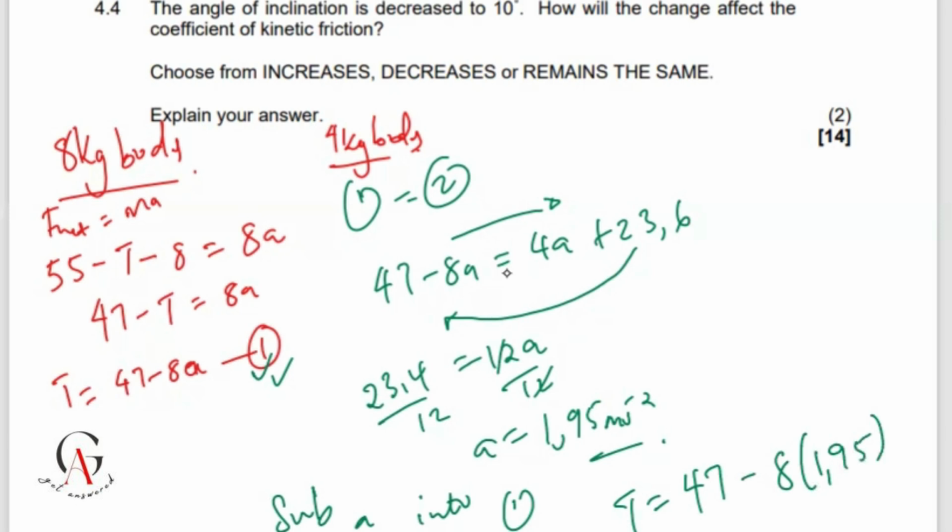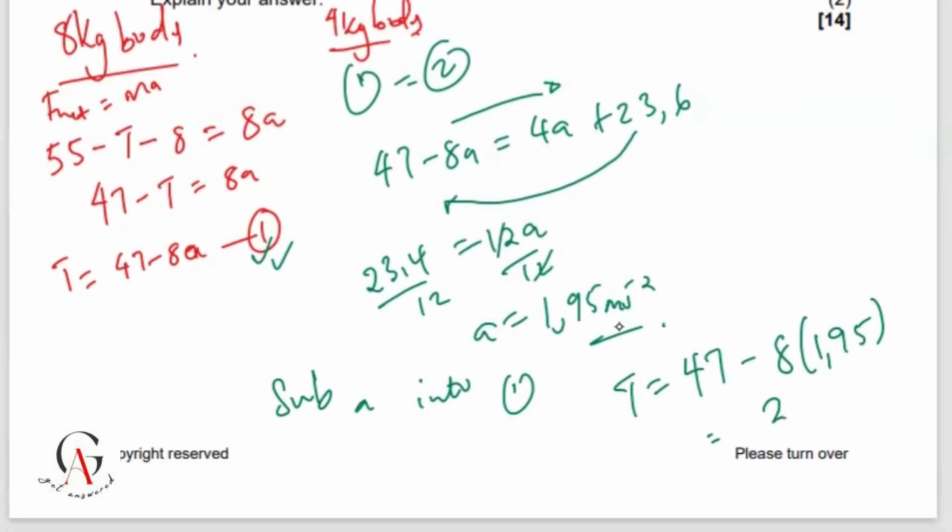When I do the subtractions and the substitutions, I'm ending up with 31.4. So which means our tension force is 31.4 newtons. Then that question will be answered.